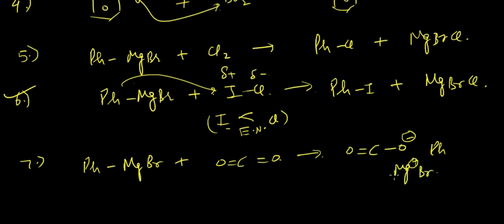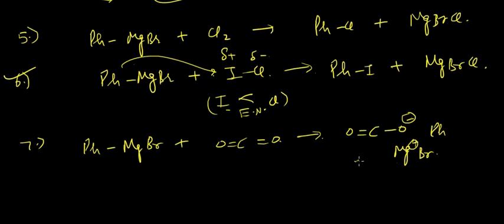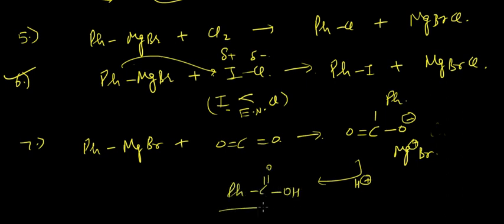Followed by H plus, or in acidic medium, the Ph would be on this carbon atom. So we'll be getting something like Ph C double bond O OH, or benzene carboxylic acid.